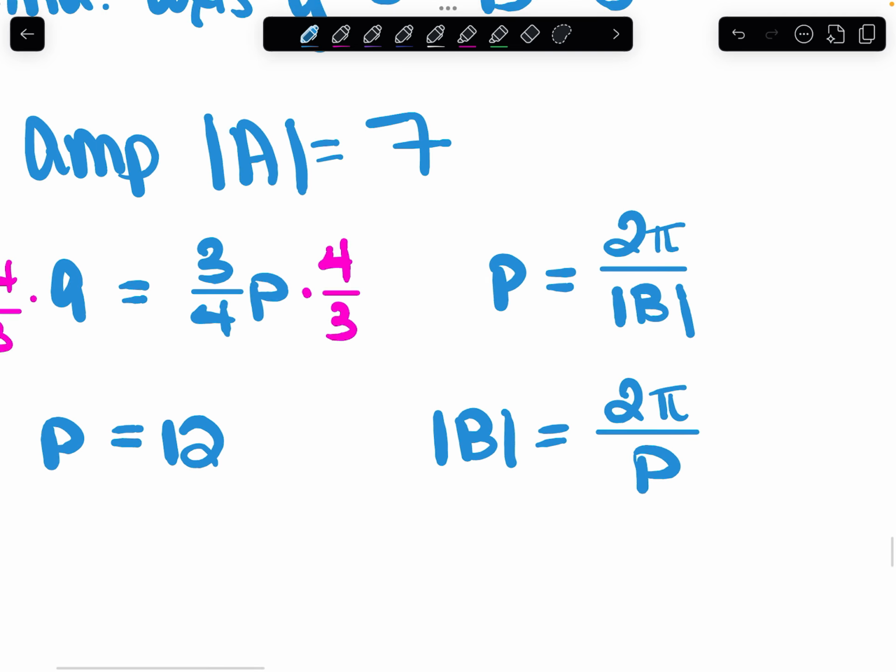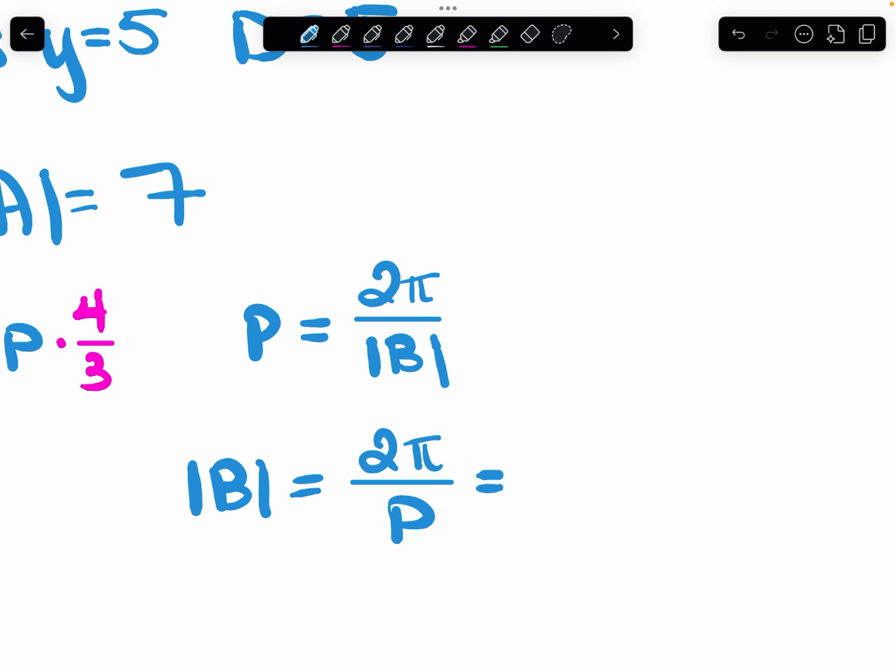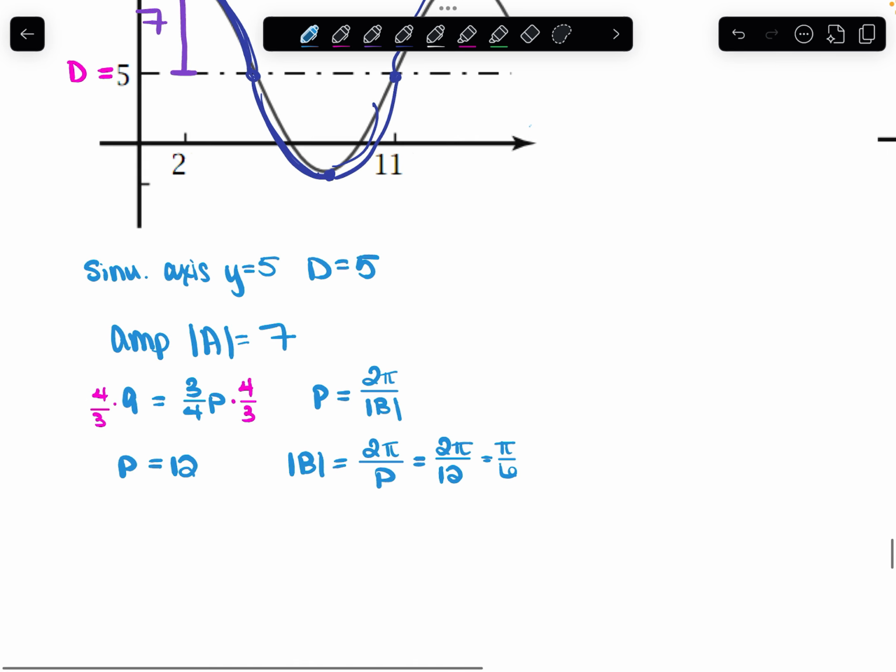So now that we know P, we can plug that in to get B. So 2 pi over 12, we get pi over 6. So B is pi over 6. All right, I have A, I have B, and I have D.